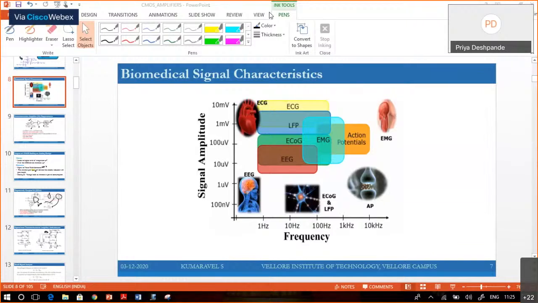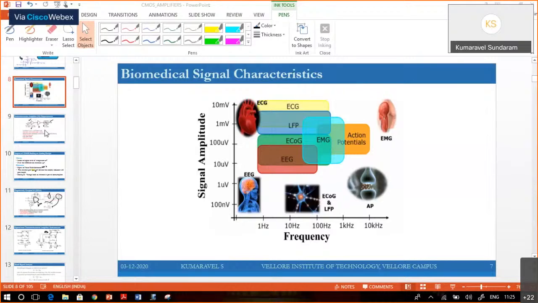So you are using an electrode to sense the signal. You will be placing the electrode on the skin. That forms an electrode skin interface that is going to contribute to the high impedance.